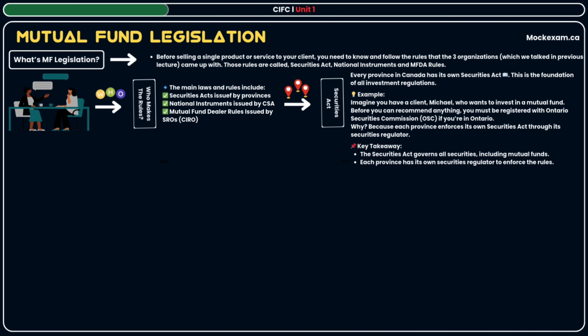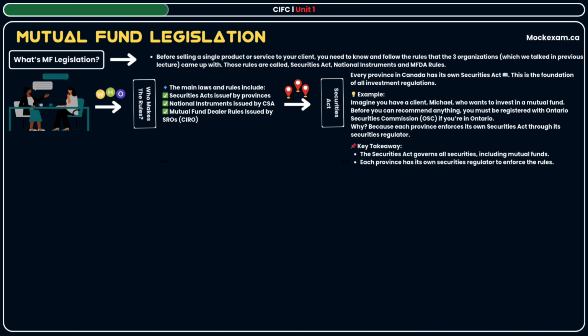Let's get into the most important national instrument rules for you as an advisor. If you want to become a registered mutual fund dealing representative, you need to know these national instruments. And I've seen questions saying, okay, what does this national instrument do?